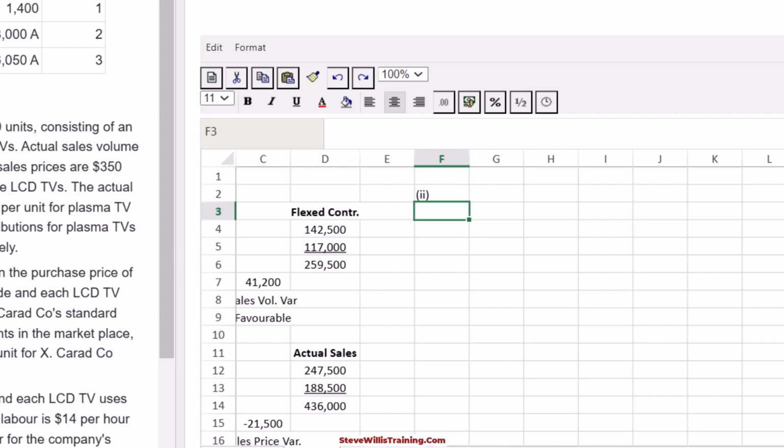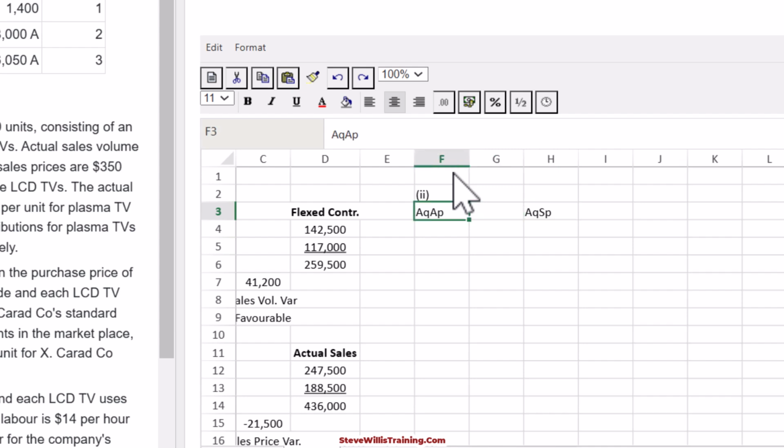For direct materials, it's going to be the actual quantity of material used times the actual price that we paid. Right? The actual spend on materials. I'm going to go over 2. Then we're going to do actual quantity multiplied by the standard price. How much should we pay? How much did we pay? Should, did.